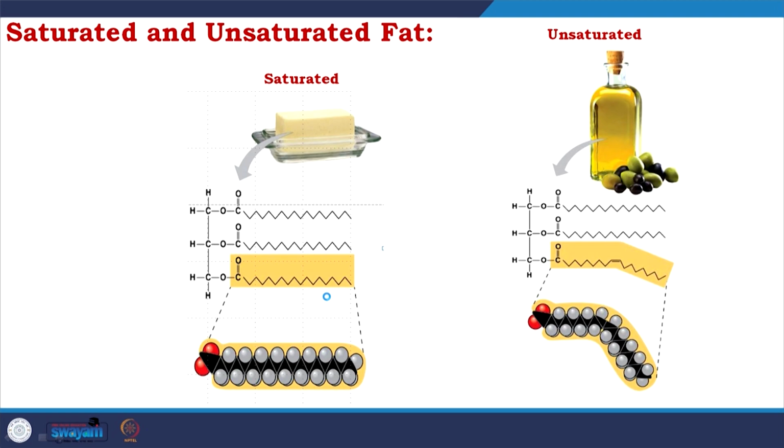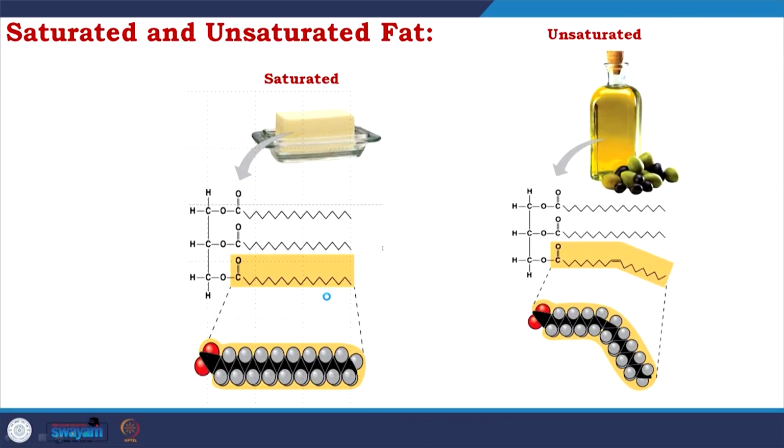Butter, which you use regularly at home, is an example of saturated fat, while olive oil is a good example of unsaturated fat. Now, look at the structures, and there is a very interesting thing to observe. This is the structural formula of a saturated fat molecule. You see, when it is saturated, it goes straight.